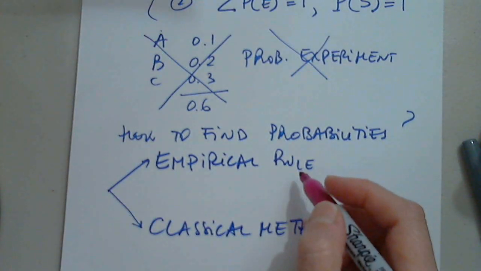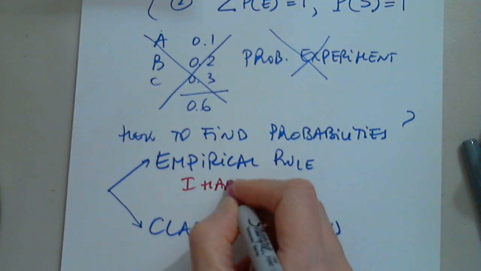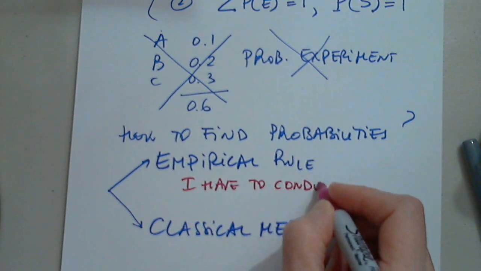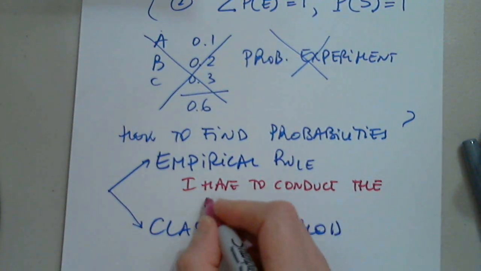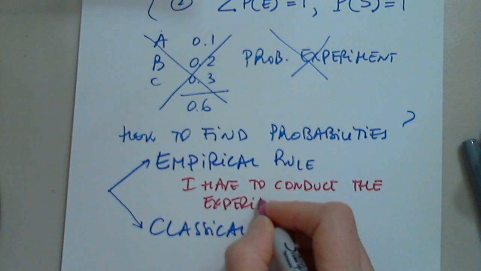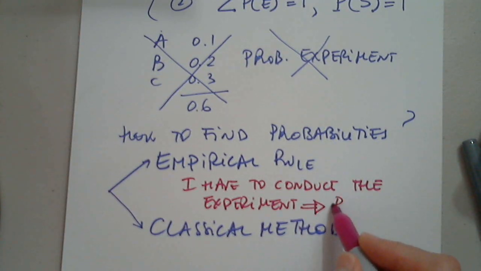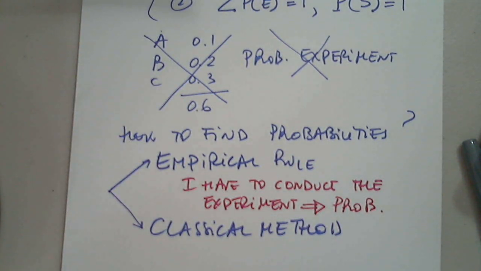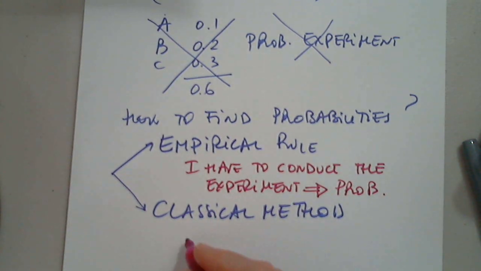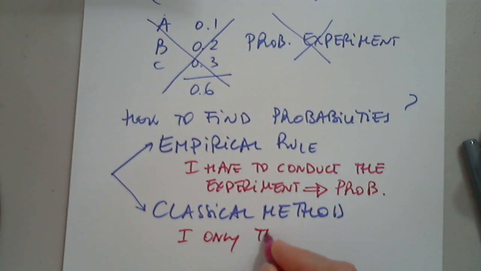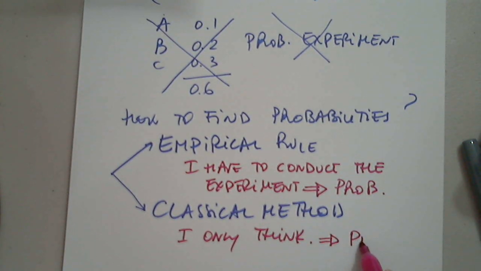The empirical rule, I have to conduct the experiment. And after that, from here, I can determine the probability. Here, I only think. I don't conduct anything. I sit in my chair and think. And then from here, I determine the probability.